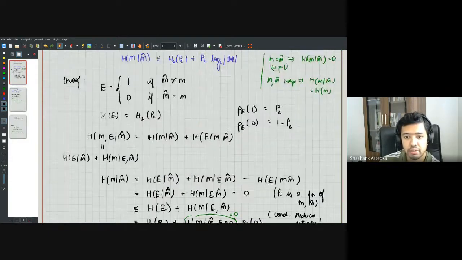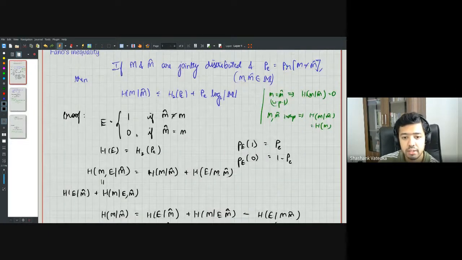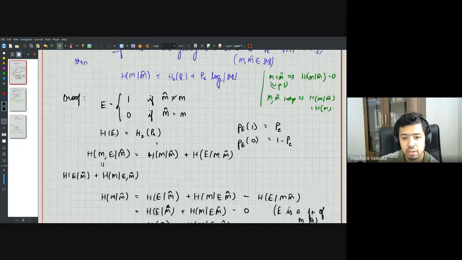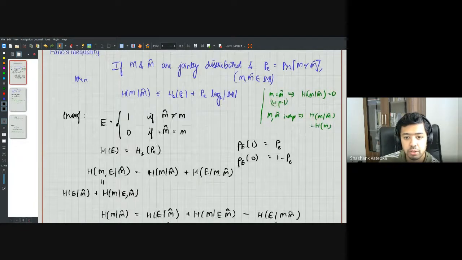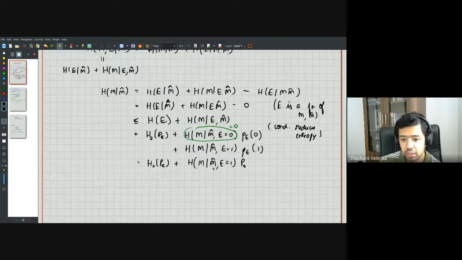So let's look at the second term. E equals 1, so m is not equal to m hat, right? Among whatever cardinality of m different values, you know what m hat is, and you know that m is not equal to m hat. So m could be any of a number of choices. All you know is that it is not equal to m hat.